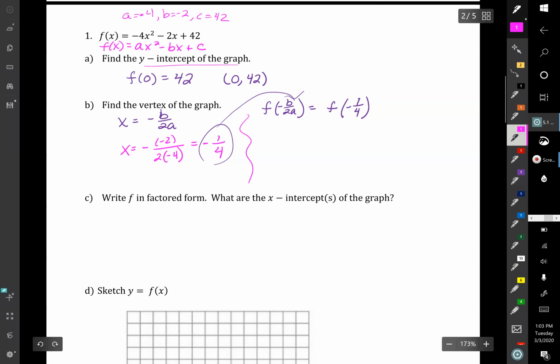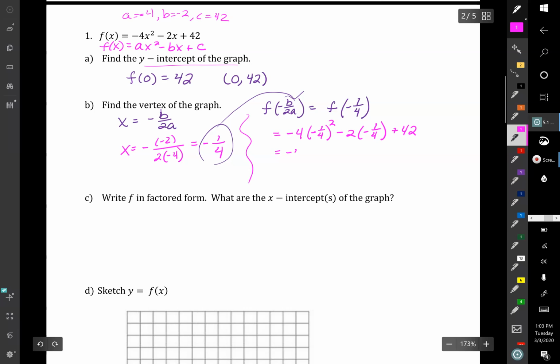So I would write it up as negative 4 times parentheses negative 1/4 squared, minus 2 times negative 1/4. I'm just plugging this value in for x everywhere, and I'm going to crunch the numbers. This one does terminate, so you could make it decimals, but I want you to try to work with fractions more and more and get used to that before you get to pre-calc.